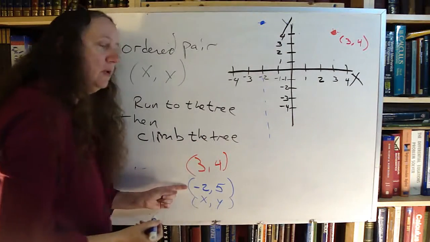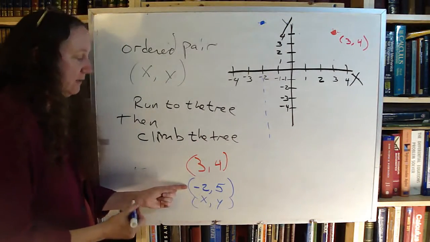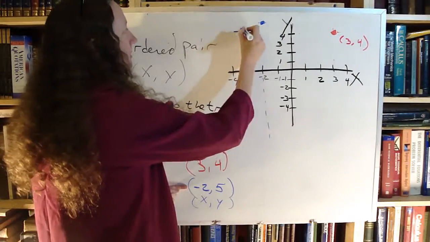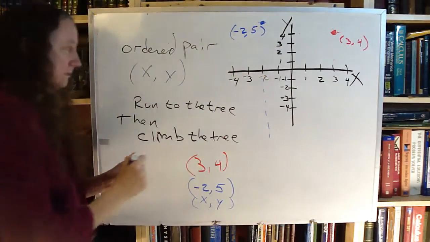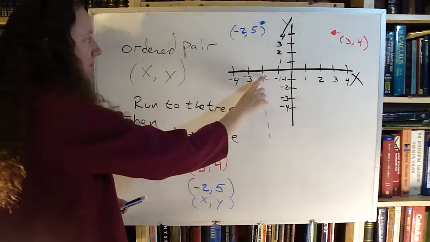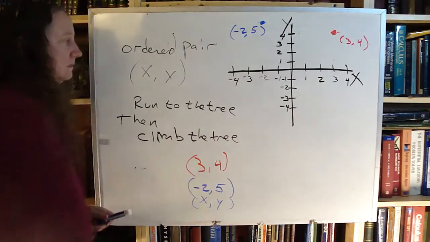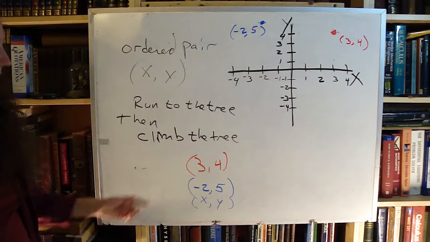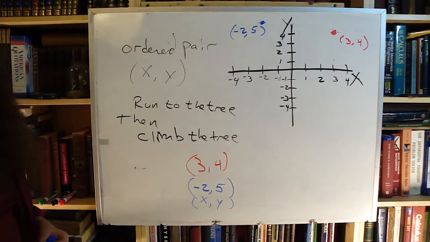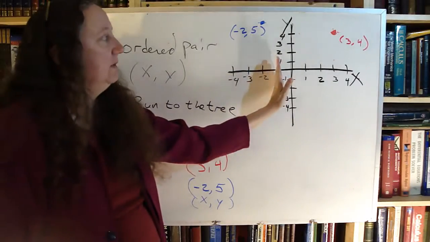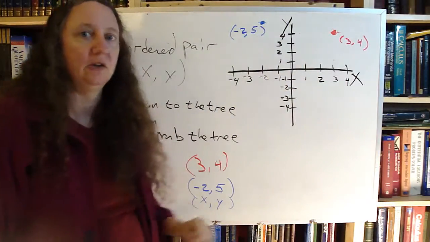And I label that point as -2, 5. So that point is plotted up there. Notice that they're on different sides of my y-axis.